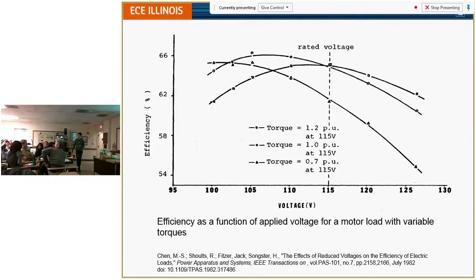Yes, Guy. Do these voltage reductions reduce the longevity of those appliances in the house? Pardon me? Does it have any impact on the longevity of the appliances? I don't think so, because usually if you stay in the range of the ANSI, you should be okay. Because the CVR basic concept is you do not want to jeopardize your equipment by saving the energy or power consumption.